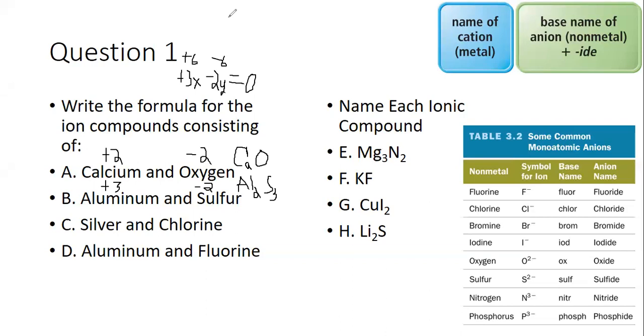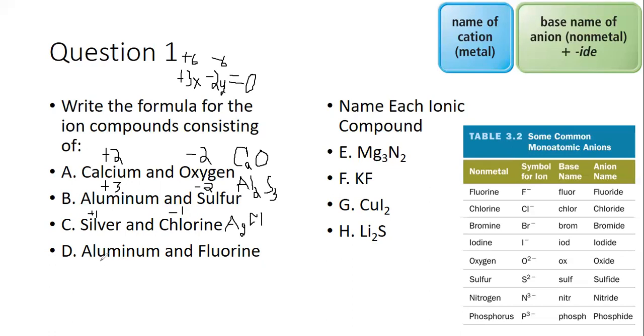All right. So since there's no questions, I'm going to assume people more or less get this, but let's go over this quickly then. So silver is one of those ones we have to know. Silver is Ag +1. Chlorine, halogen, -1. Halogens are always -1, so that's AgCl. Silver chloride.